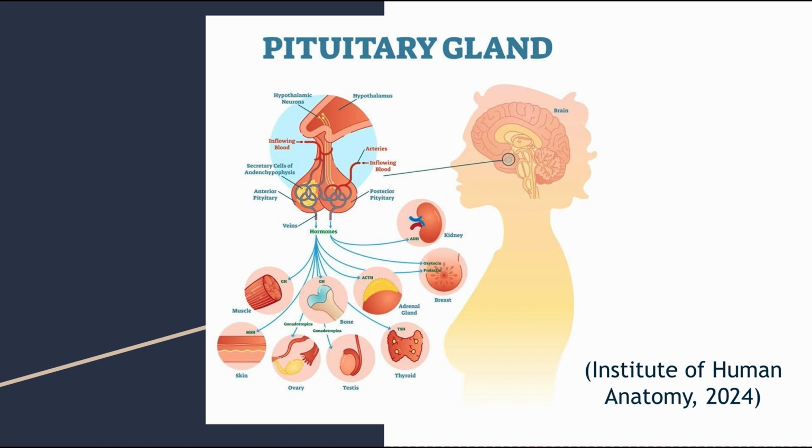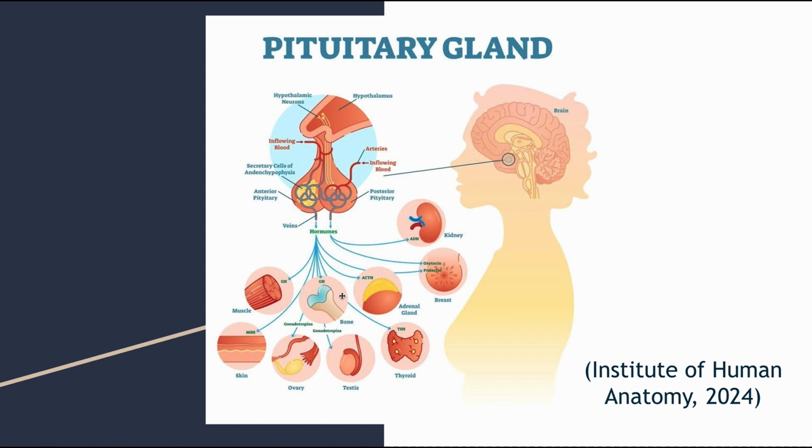Some of the hormones that the pituitary gland and hypothalamus communicate and produce include growth hormone, which contributes to one's height or growth in childhood, or muscle growth too, and other sexual developmental hormones, and thyroid stimulating hormone, which contributes to overall metabolism.